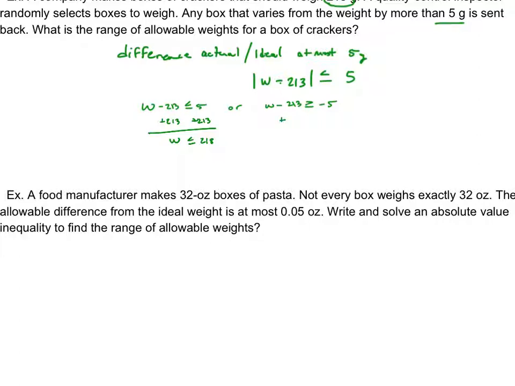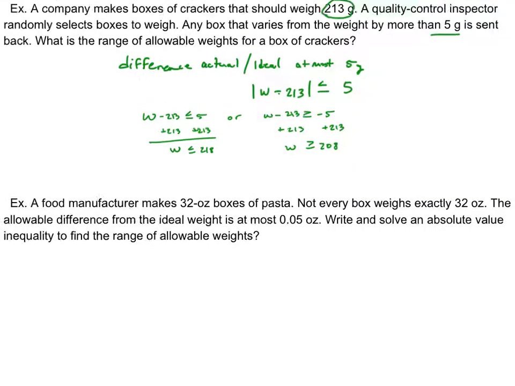Doing my inverse operations on the other side, W has to be greater than or equal to 208. So there you have it. Does it ask us to graph it?